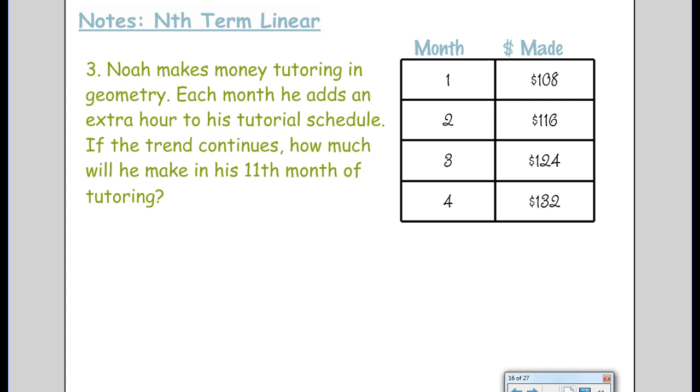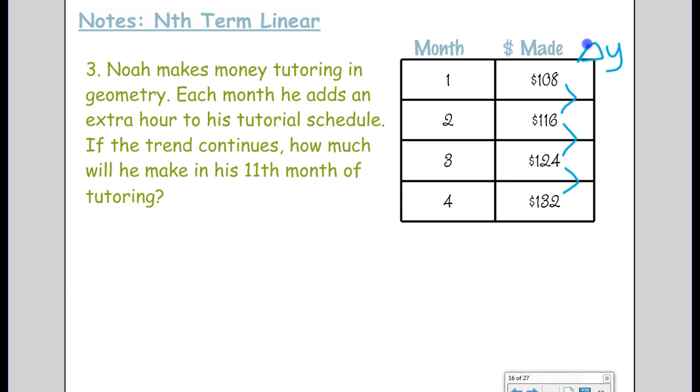Okay, so what do we do first? You know the drill. Delta y. The way you find delta y, delta means subtract. So you should be subtracting 116 minus 108, 124 minus 116, 132 minus 124. If you get the same number each time, it's linear.